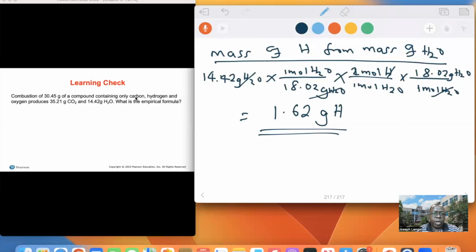We know the mass of hydrogen and we know the mass of carbon. So what we need to do is to figure out the mass of oxygen.